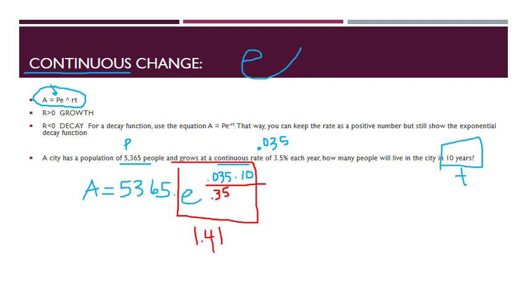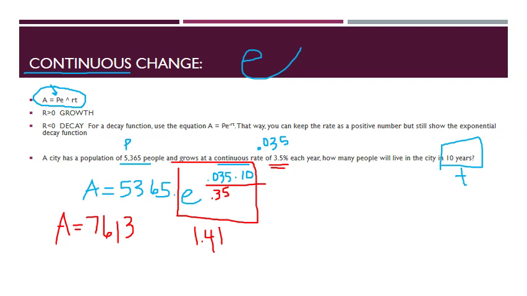And then the last step for order of operations would be to multiply by the original amount, which is 5,365. And I'm showing this population would be 7,613 people in 10 years if it continuously grew at a rate of 3.5%.